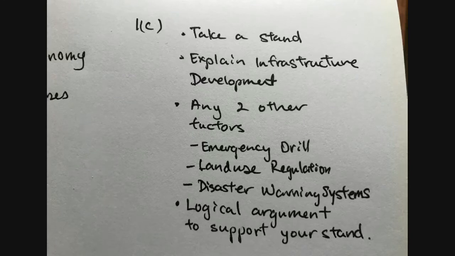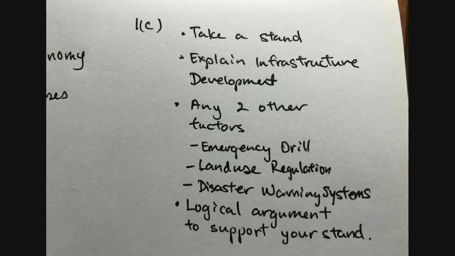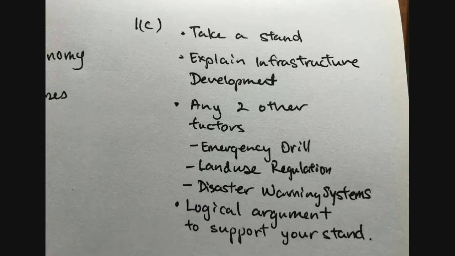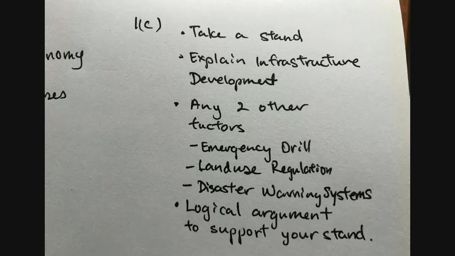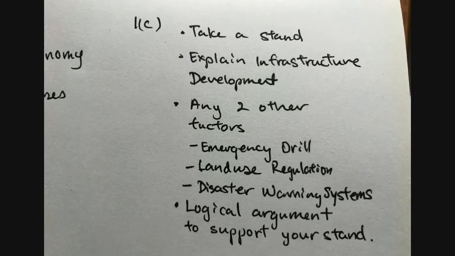Then you need to give 2 contrast factors: emergency drills, land use regulations, disaster warning systems. Be logical in your argument, and in your conclusion you have to show that whatever points you have given, they support your initial stand, either in agreement to a large or to a small extent.